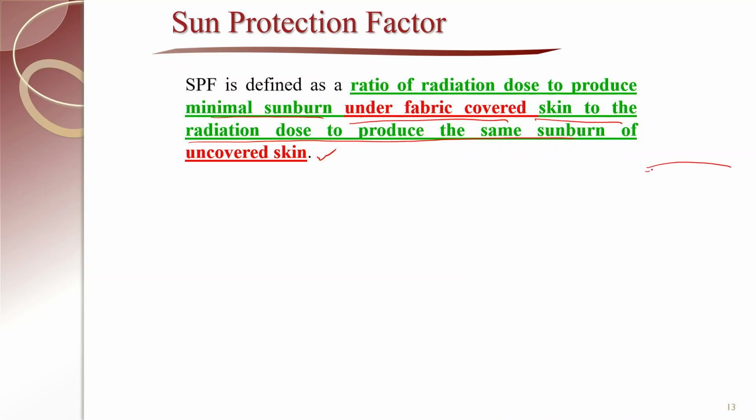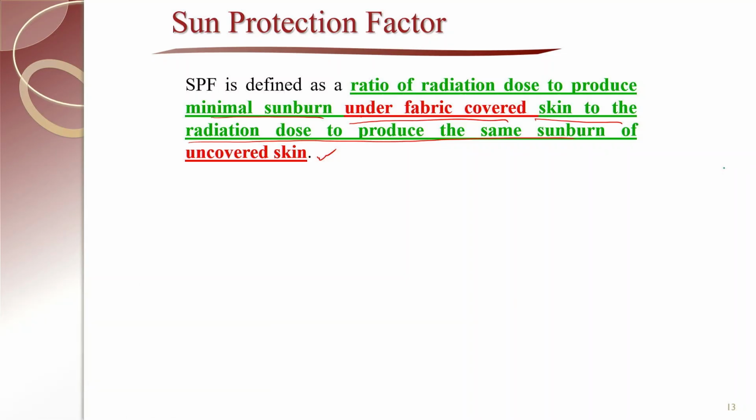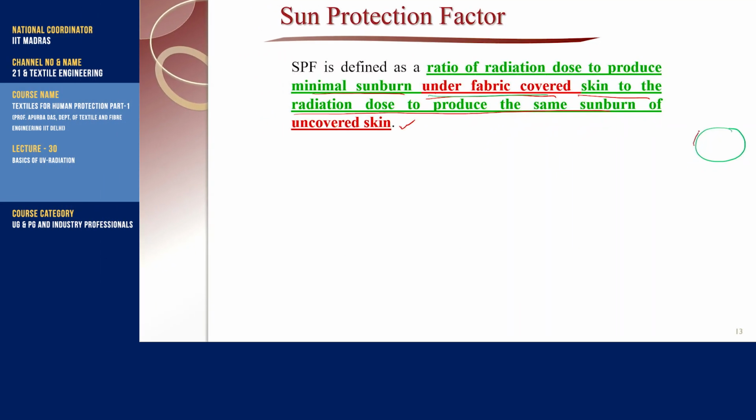The concept is a little bit different here. Let me draw. This is a human body part, say like my hand. We are covering the skin with fabric. This is the fabric.